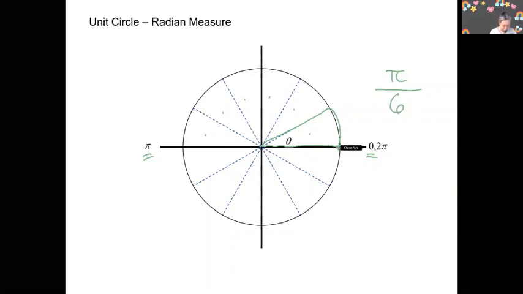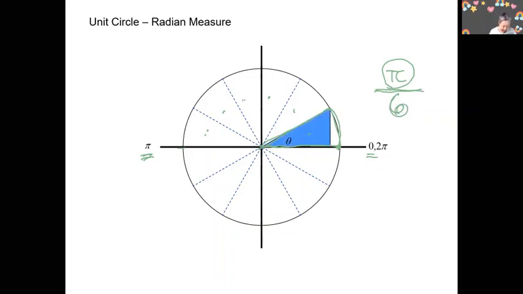From 0 to 180, which is pi measure in radian. And we evenly divided 1, 2, 3, 4, 5, 6. So the one piece measure has to be, in radian, pi divided by 6 pieces.